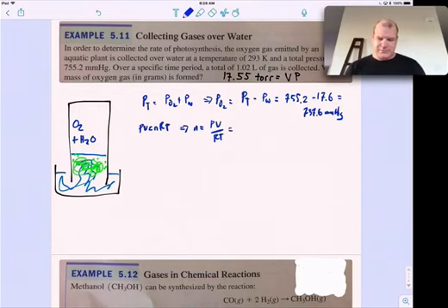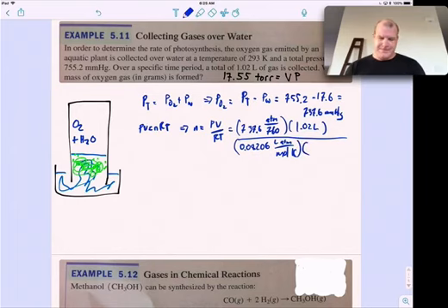So pressure, 737.6 over 760 millimeters of mercury in atmospheres, volume 1.02 liters, all over R. That's a different R, different unit, 0.08206 liter atmosphere per mole Kelvin, temperature 293 Kelvin.